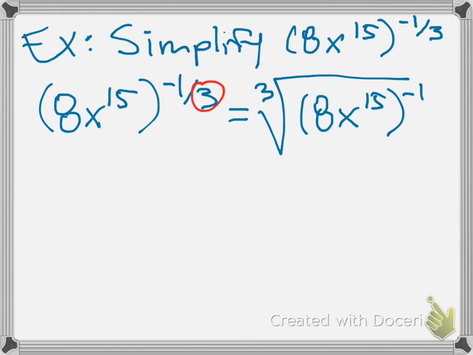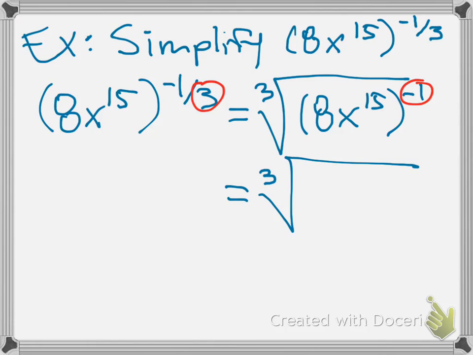Now what I want to do is simplify what we have underneath the radical sign. I want to deal with the radicand now. And now I'm going to take care of this pesky negative exponent here, because that seems a little silly. So we also talked about the fact that if we have a negative exponent, then we can make that positive by moving the term that's being raised to the negative exponent to either the numerator or the denominator.